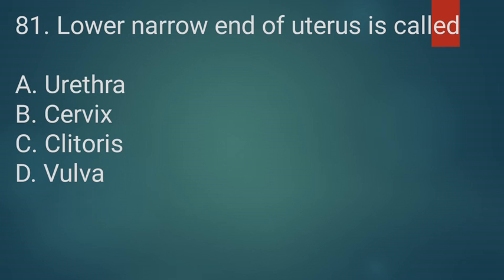If you know the structure of uterus, then only you can write the answer for this. The lower narrow end of uterus is called cervix. That is option B. So option B is the right answer.